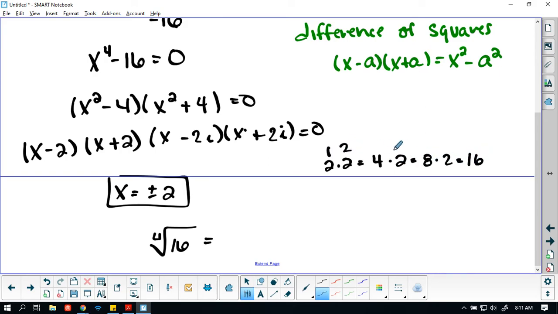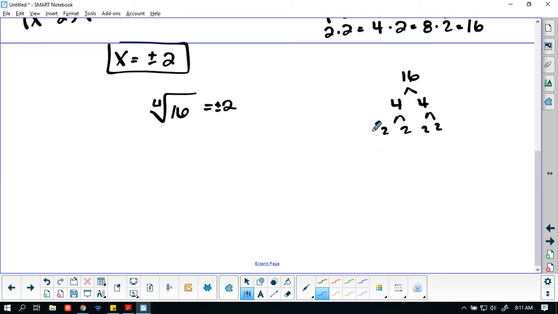So I have the 1, 2, 3, 4. So this is 2. You could also do a factor tree. 16, you could have 4 and 4, which is 2, 2, 2, 2. Okay, I have 4 of these. 1, 2, 3, 4. That is my goal.